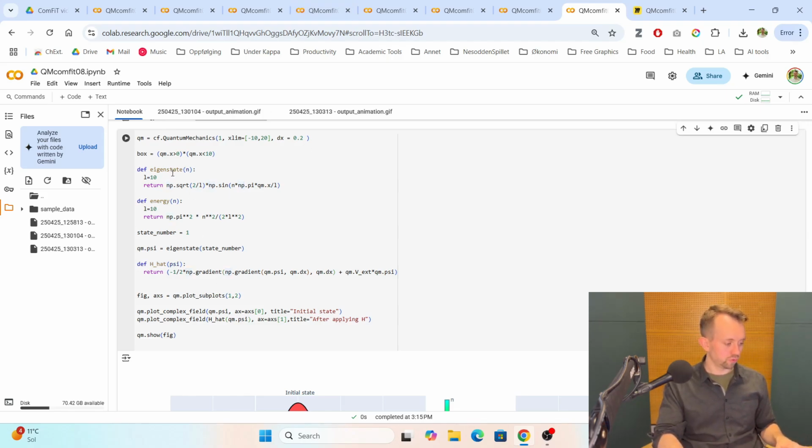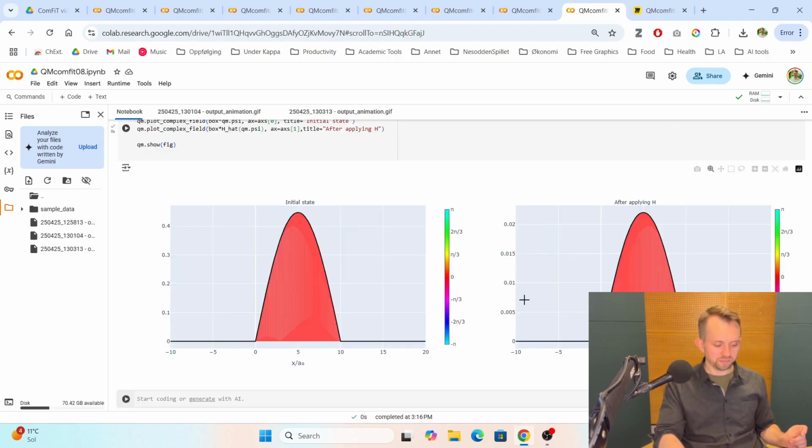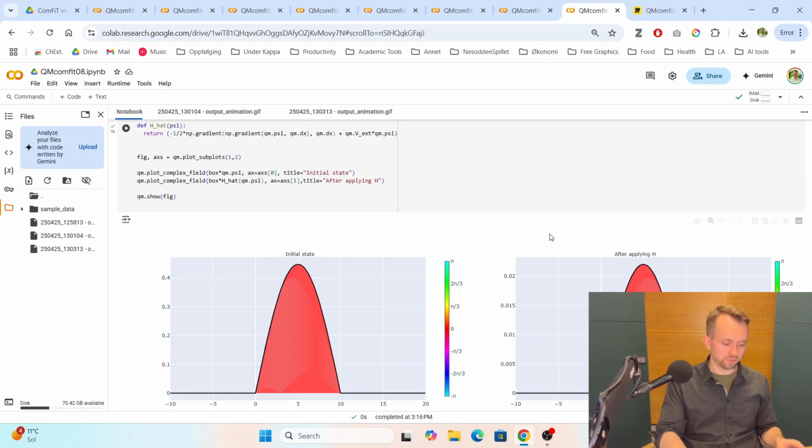So I'm going to remove this box, and then just plot the regions of the wave function that we're interested in. And when I do that, we see that we get exactly what we expected, namely that after applying the h operator, we just get back the same exact function, only now it's scaled with some number. And you might ask, what is that number? Well, that number is, of course, the eigenenergy of the state.